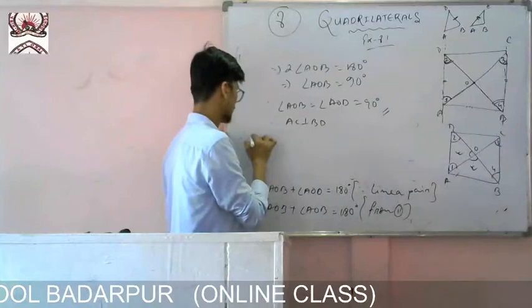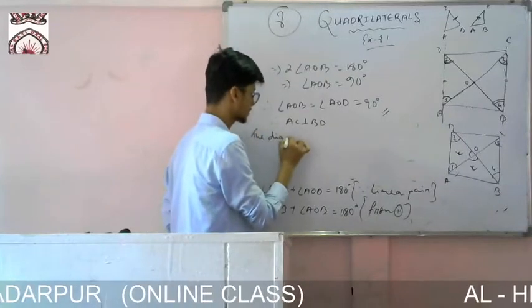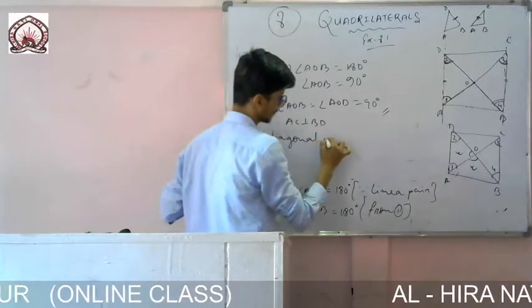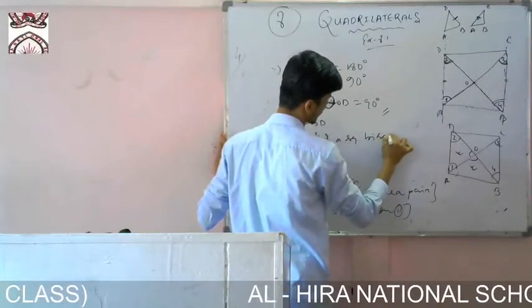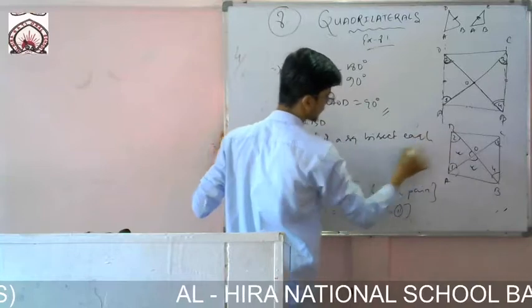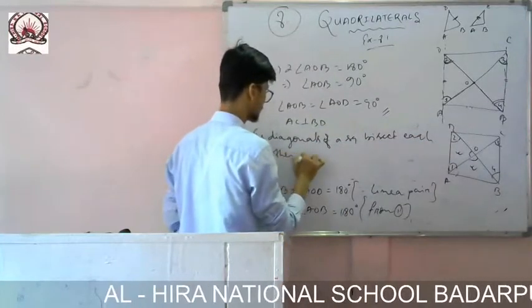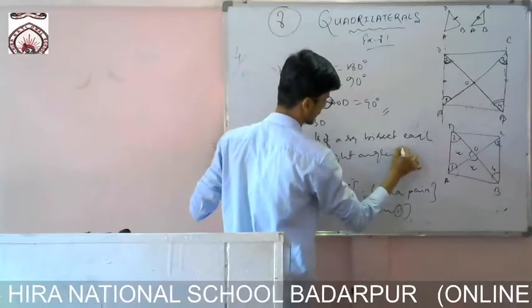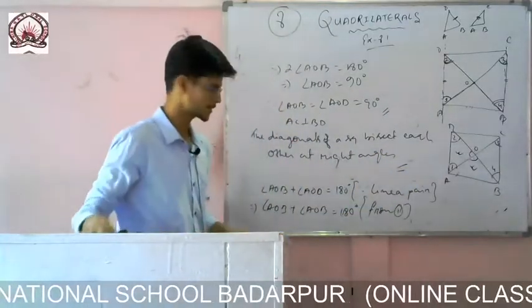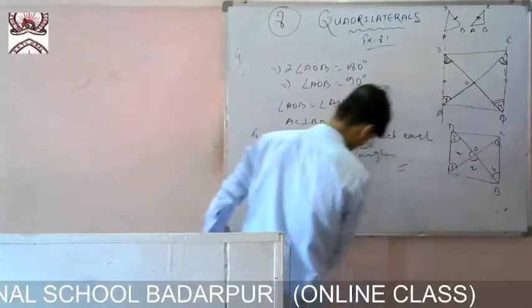Therefore the diagonals of a square bisect each other at right angles.